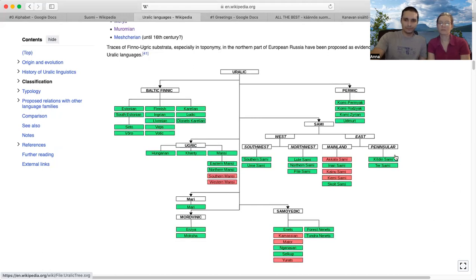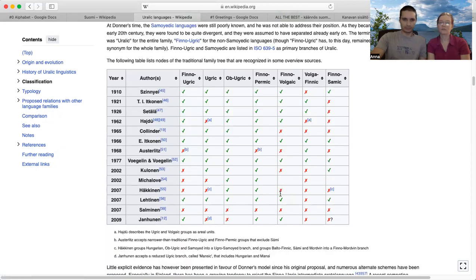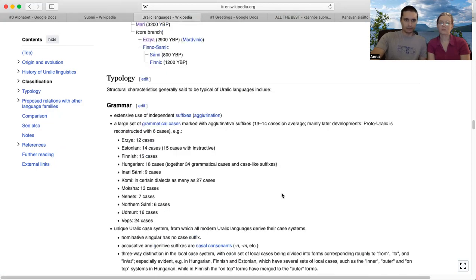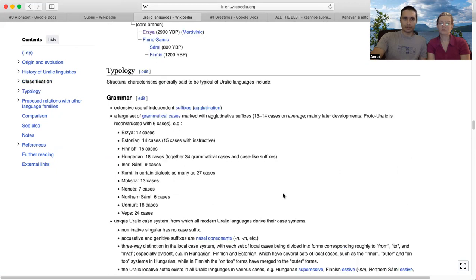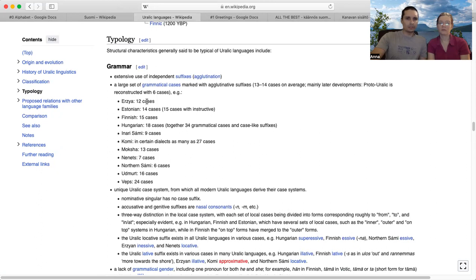And the Sami languages are here. Actually, in Finland, three Sami languages are spoken: Northern Sami, Inari Sami, and Skolt Sami. Oh, here's an interesting statistic. So Finnish has 15 cases, Hungarian has 18, Komi in certain dialects as many as 27.